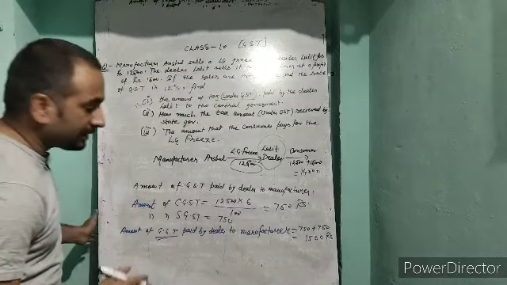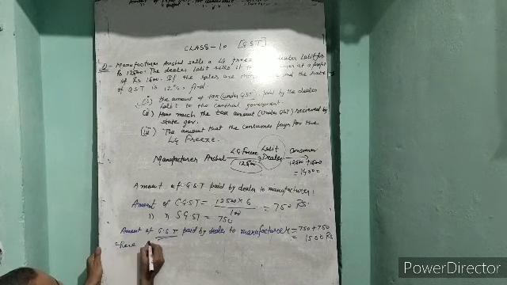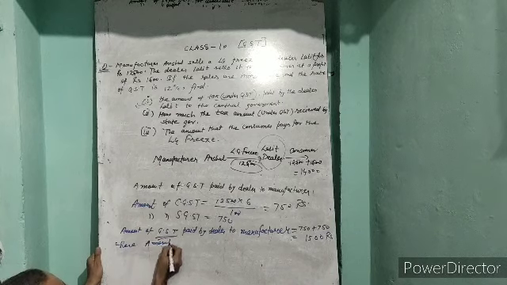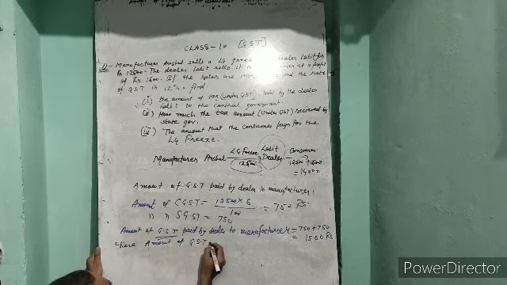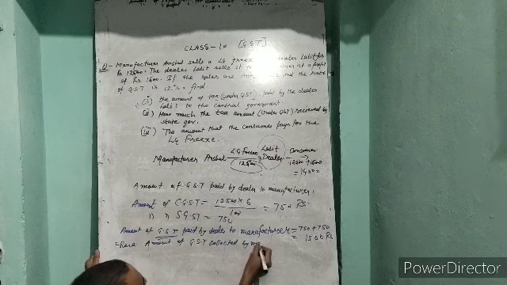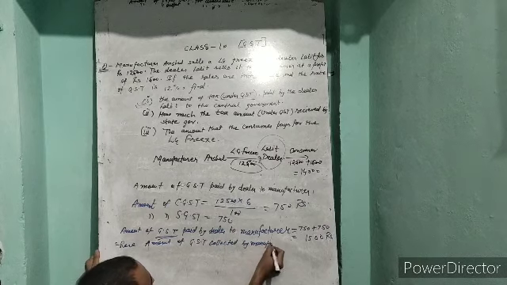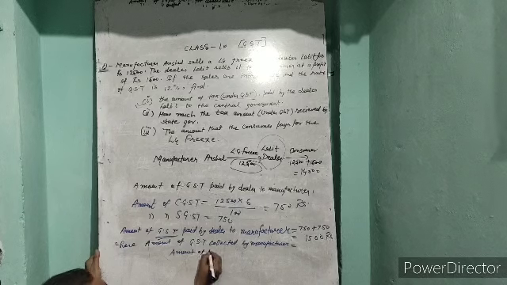So this is called the amount of GST collected by the manufacturer, which is equal to the amount of input GST.